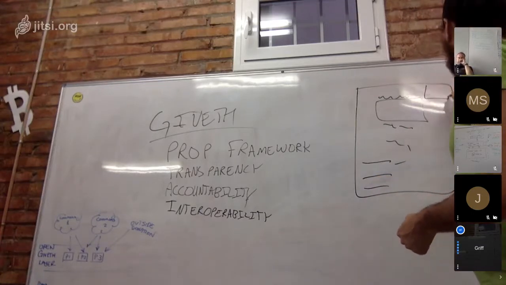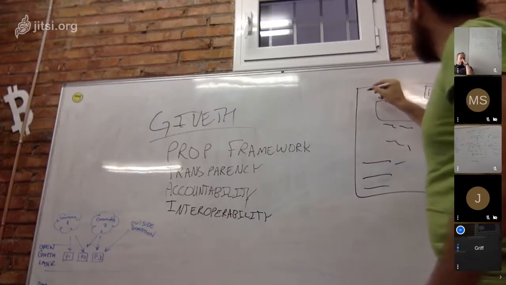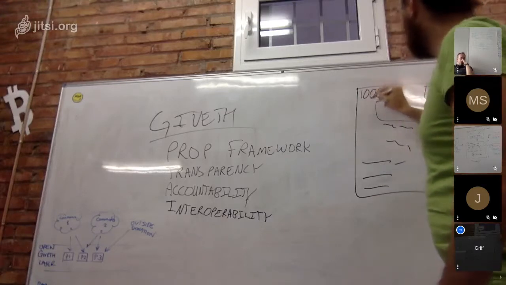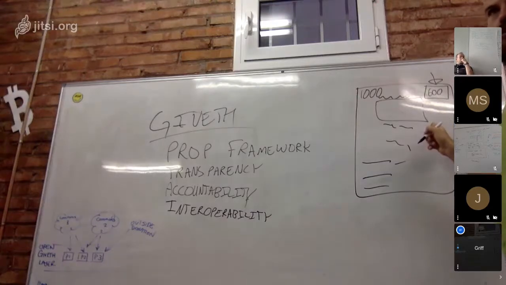But then we'll have a little number up here that will say, maybe, 600 DAI, and this thing is asking for 1,000. So this is actually how much conviction voting power this proposal will have behind it. What do you mean will have? It's like a pledge.